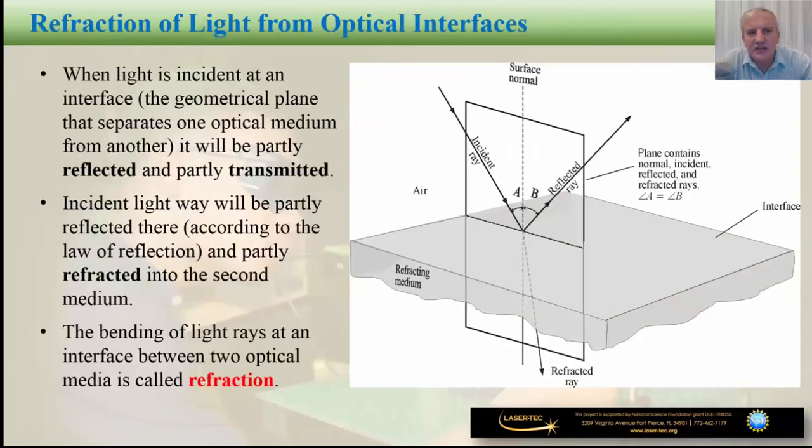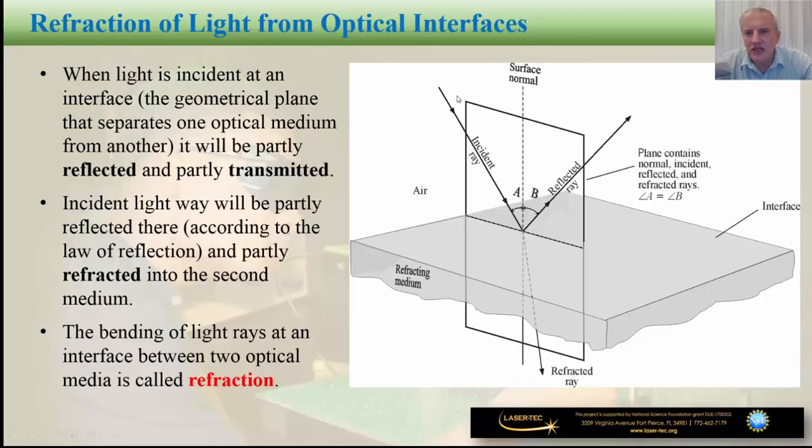Let's now look at the second phenomenon important for geometrical optics, and that is transmission or refraction of light at optical interfaces. So here we are not analyzing the bouncing of the light rays off of the surface of a specific medium, but rather light passing into the second medium.